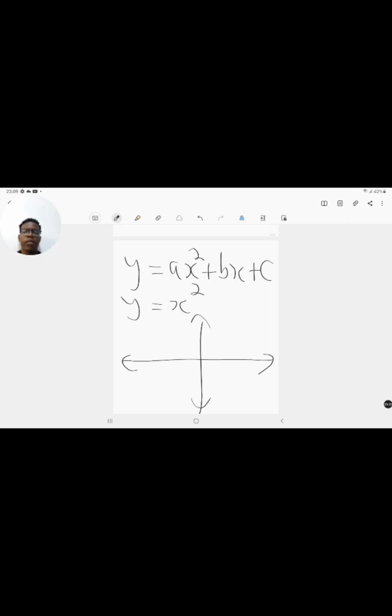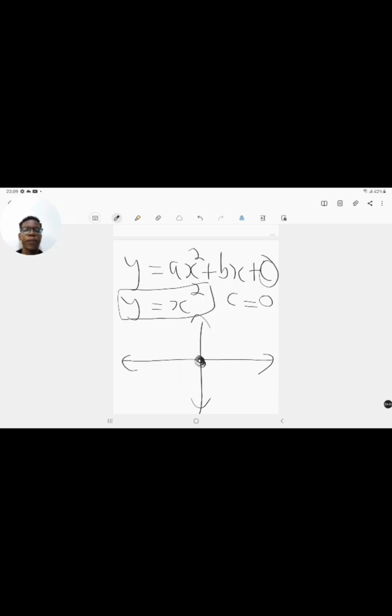What is the y-intercept for this equation? There is no number that floats on its own, so c is equal to 0, because there is no number that is not tied to an x.